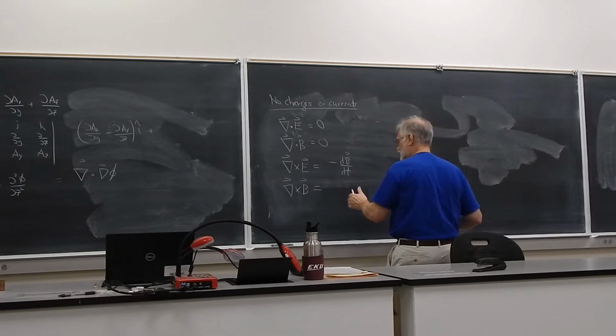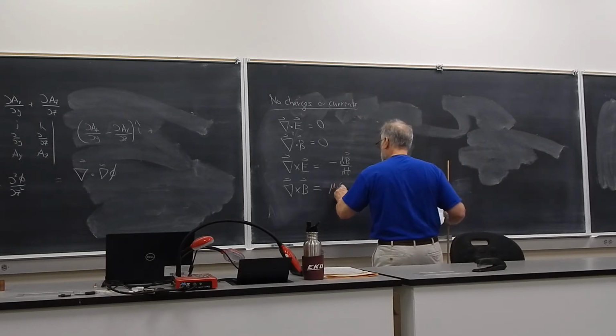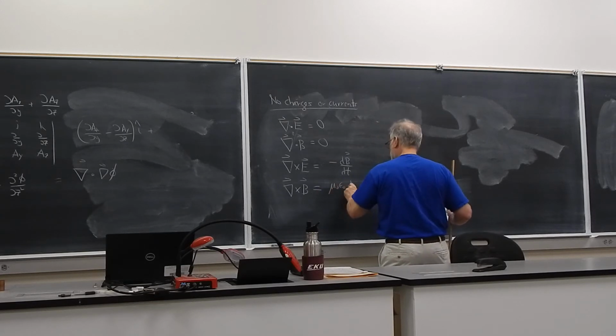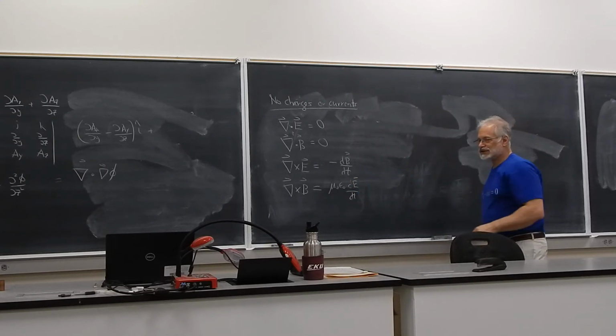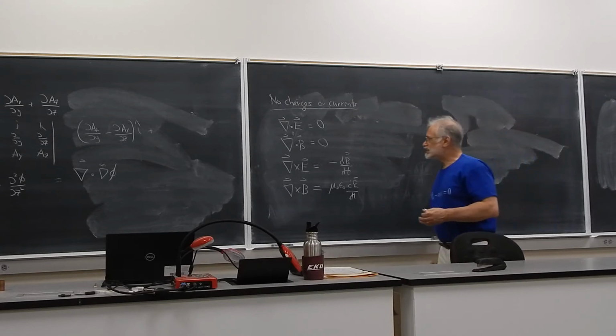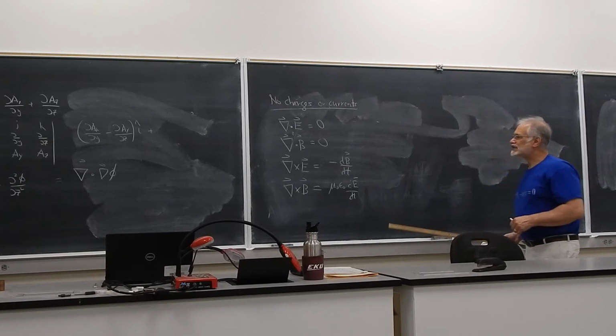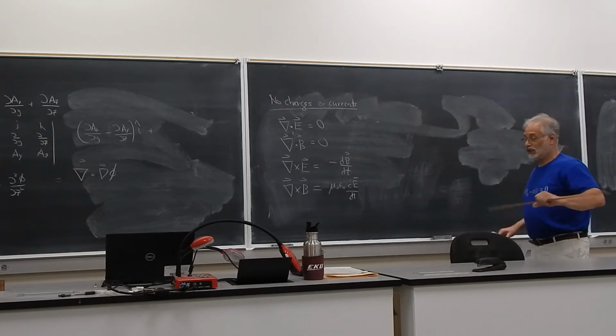There's no conduction current, so the only term I have is Maxwell's addition to Ampere's law, mu naught epsilon naught times the time derivative of E. Now, I'm only doing this because I would like to show a very easy way of showing how we can produce electromagnetic waves by either a changing electric field or a changing magnetic field, or actually both.